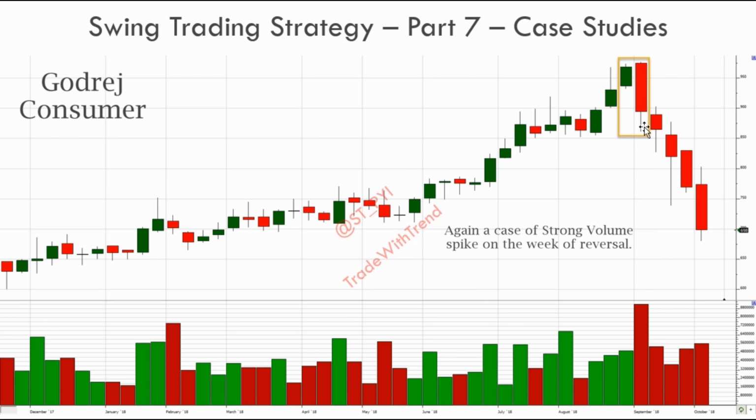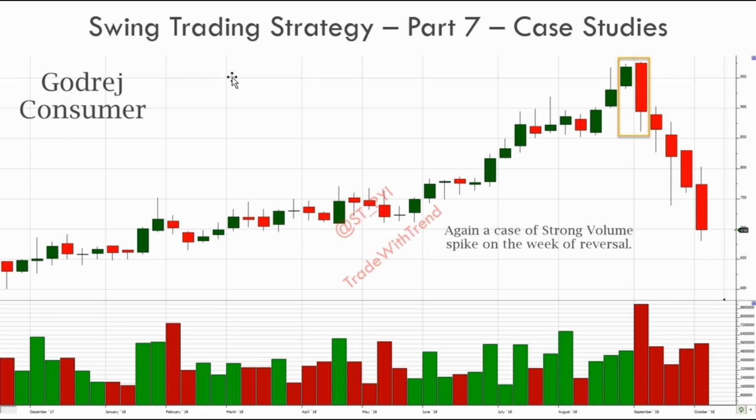The volume on this particular day was the highest that we saw in the last 1 year or so. So when you see this volume expansion happening, when this pattern is playing out, that actually becomes an extremely bullish signal, and you should be taking those trades because the odds of these trades working out are always good.